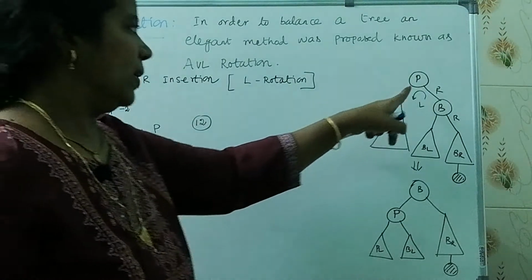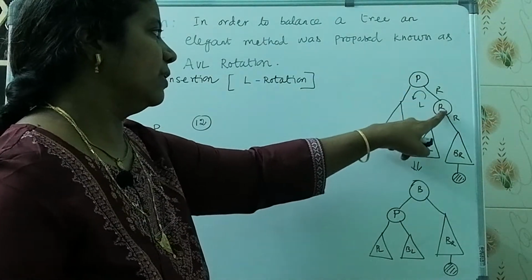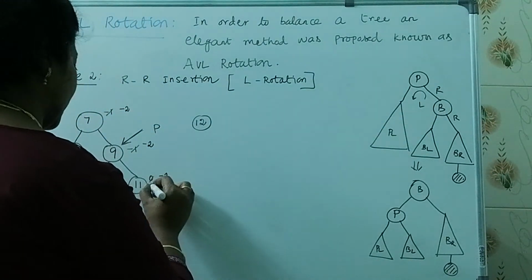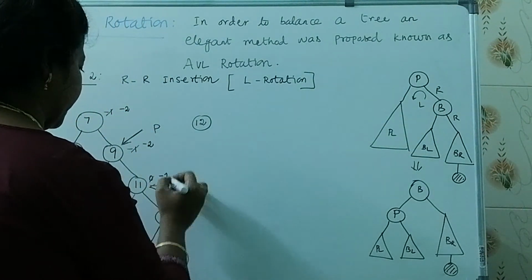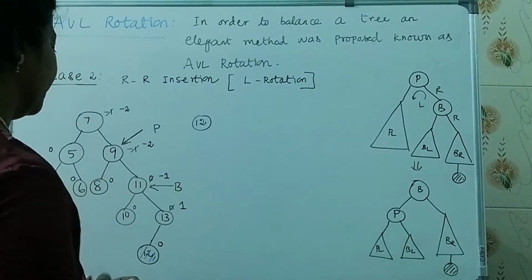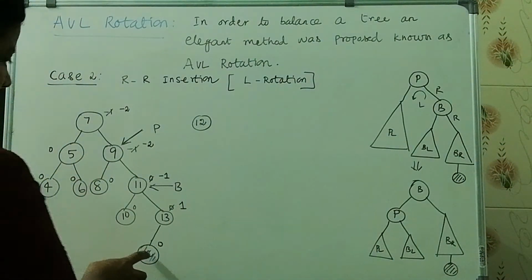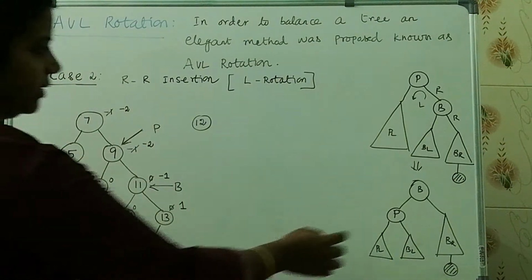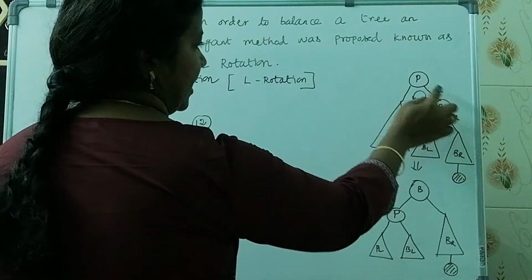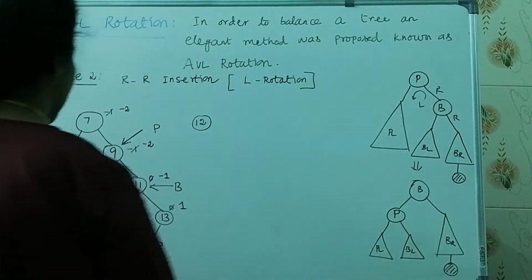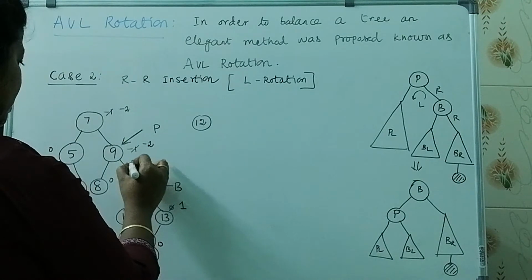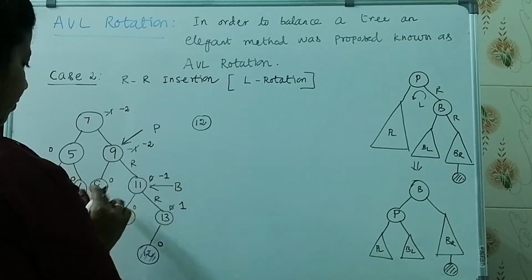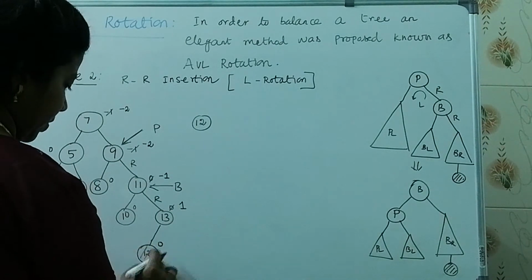Okay. Once we figure out the P, the node B can be on the right side of that P, which is B. Now you see this, the insertion happens in case 2, right of the node P and then B. So this is right and then right side of the node. Okay.